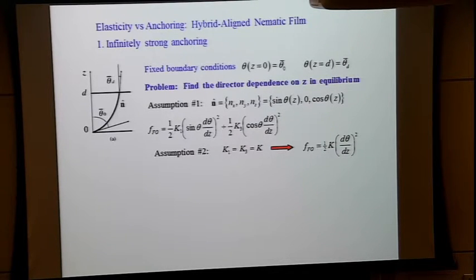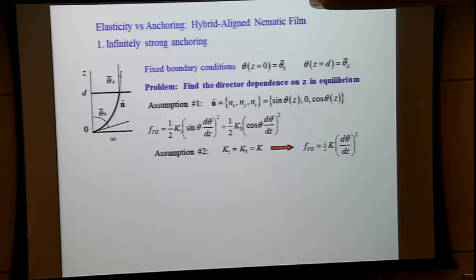You do the same for the curl, and then you create the vector product of n and curl n. You realize that this is cosine squared theta, and again the derivative, and if I take the square here, the derivative is squared. So now this is the free energy density.